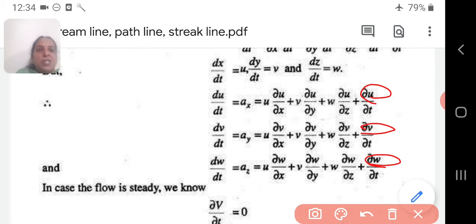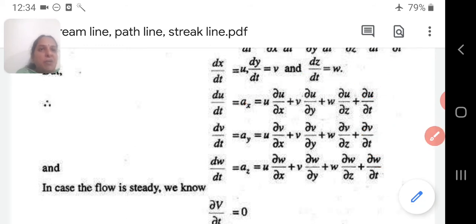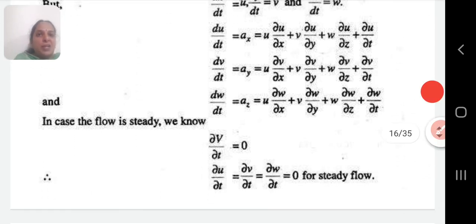All other things are the same. So the velocity components u, v, w plus time, and apart from that, the velocity changes with respect to ∂u/∂x, ∂u/∂y and ∂u/∂z, that is your acceleration in the x direction. Similarly, the acceleration in the y direction will be u into ∂v/∂x plus v into ∂v/∂y plus w into ∂v/∂z plus ∂v/∂t. Similarly, we could get it for the z direction.